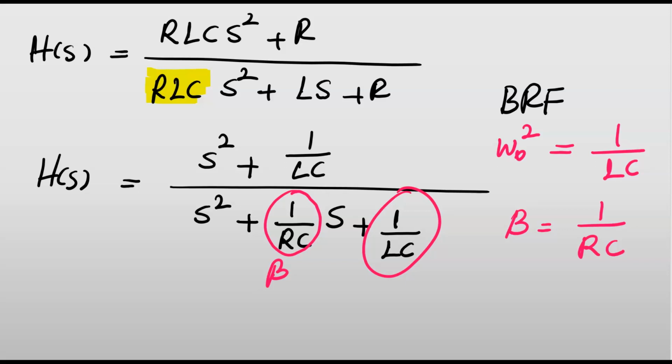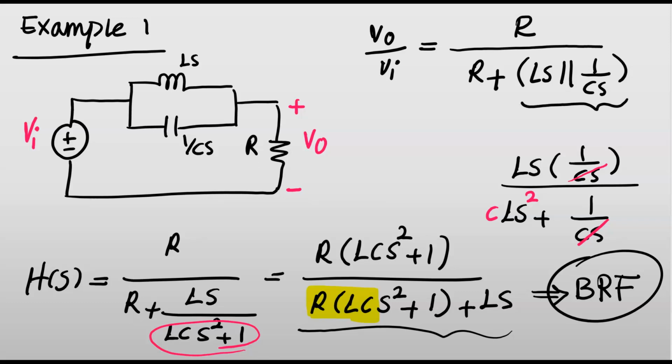Now, in the same circuit that we discussed in this example, if you focus on the voltage across these parallel impedances, then instead of a band reject filter, you're going to have a band pass filter.